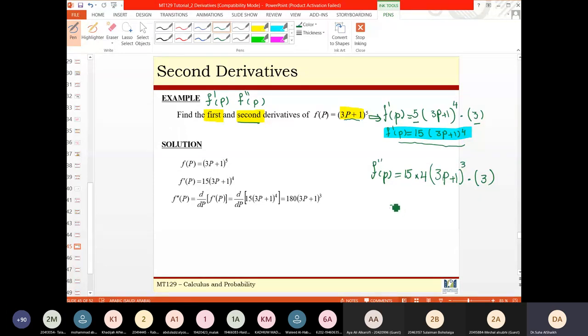Okay? So this will be 180. The 3 multiplied with the 4, multiplied with the 15 I have already. So it's 180 times (3p plus 1) to the power 3. And this is my f double dash of p that they wanted me to find.